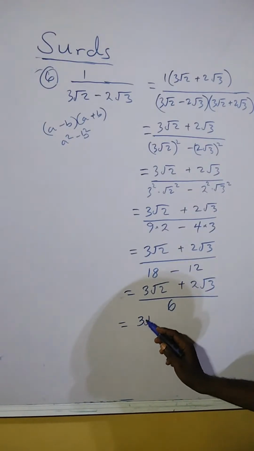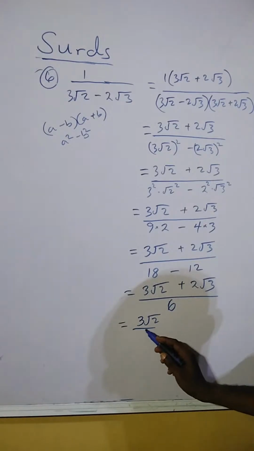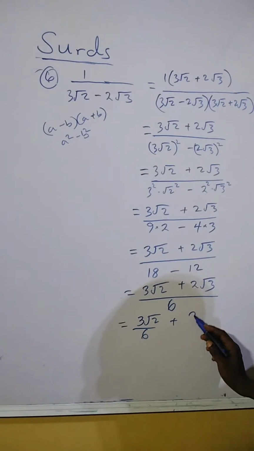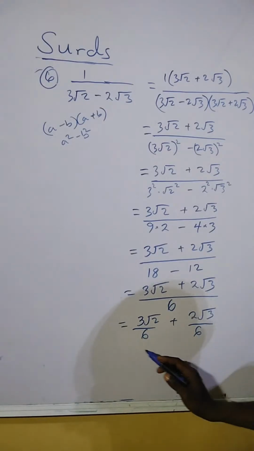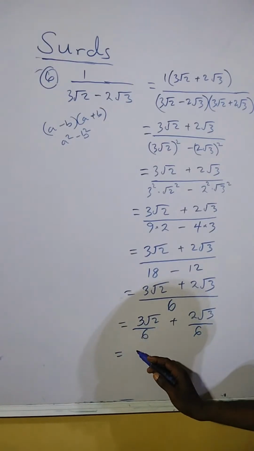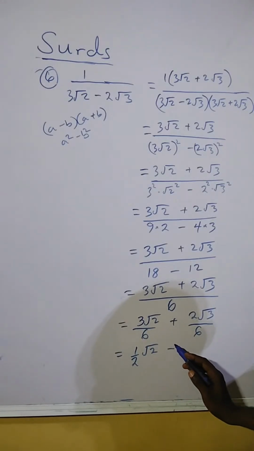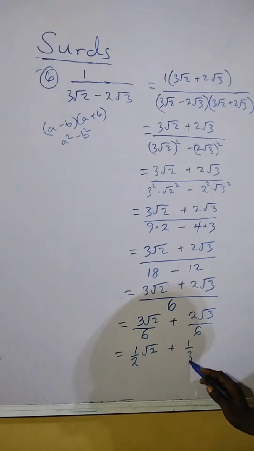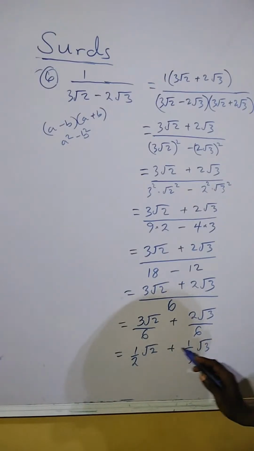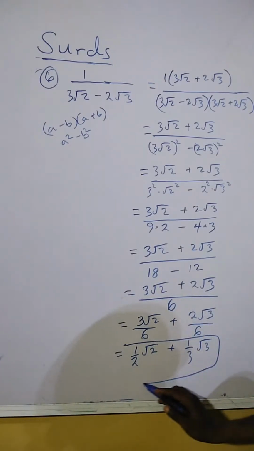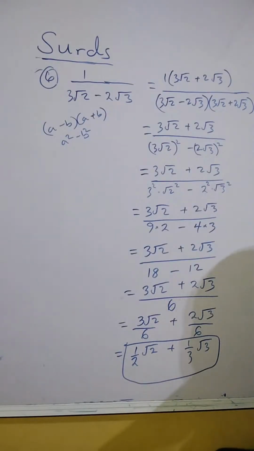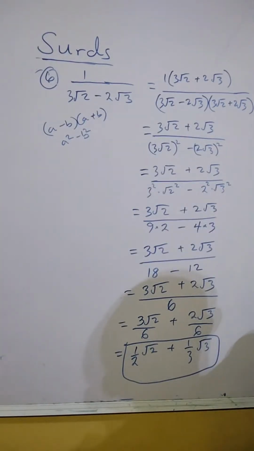We have 3 root 2 over 6 plus 2 root 3 over 6. And here we can reduce this as 1 over 2 times root 2, plus 1 over 3 times root 3, which is the simplified form of this solved problem.